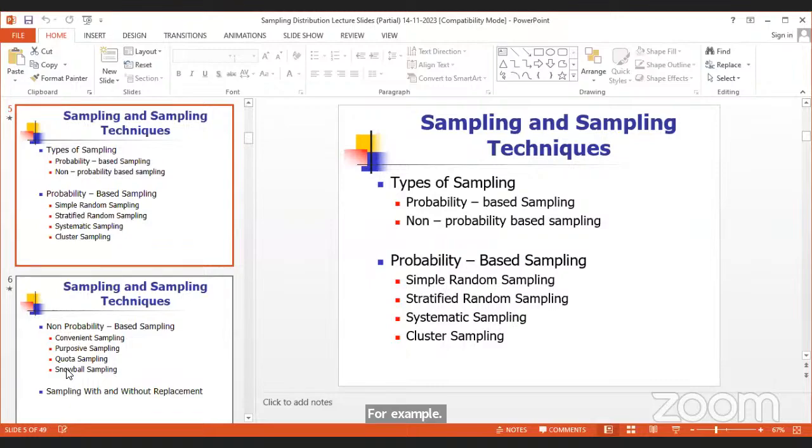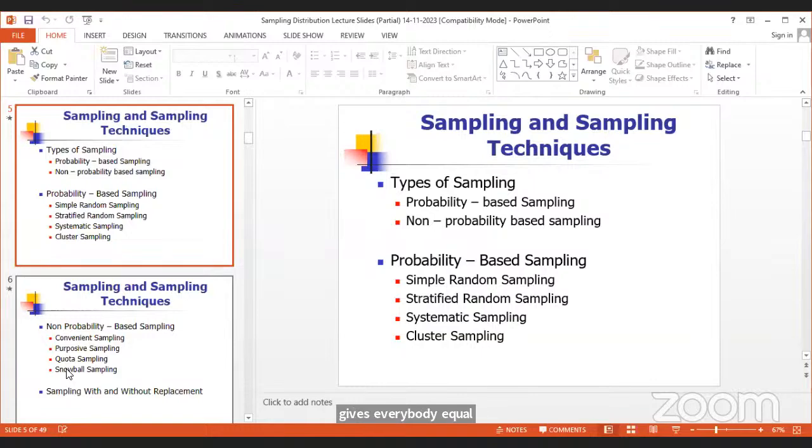I have male, I have female, and I'm giving everybody equal chance, and I want to select 5 students at random. It is possible that I end up selecting only female. It is possible that I also end up selecting only male. Which means that the background of that population has not been put into consideration at the time of the selection. That's a major disadvantage of simple random sampling, because it gives everybody equal chance.